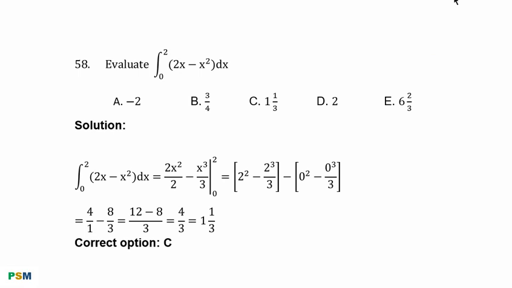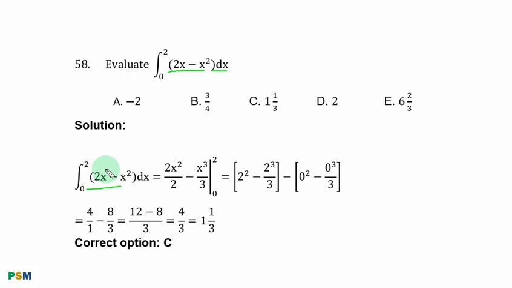Question 58. Evaluate the integral with upper limit 2, lower limit 0 of this function with respect to S. Solution: when integrating an algebraic function, you simply add 1 to the power of the variable and divide by the sum of the powers.